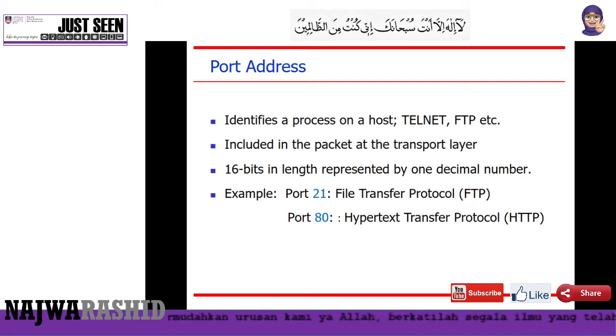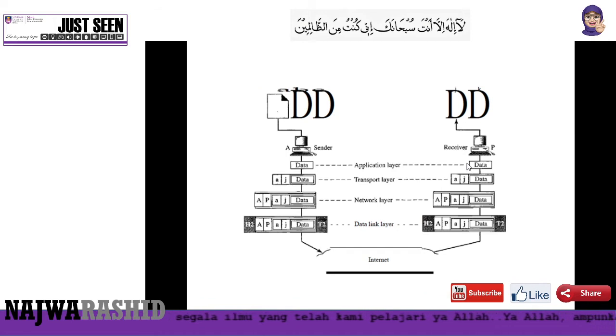So when you look at this figure, you can identify that one PC can have more than one process. For example, we have A, B, and C. These ones are the processes. J and K are also processes. So A is the sender device. P is the receiver device.